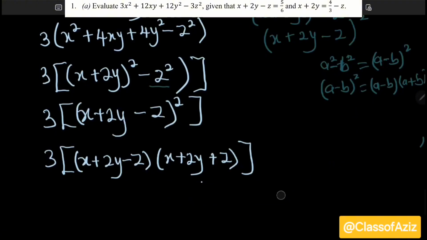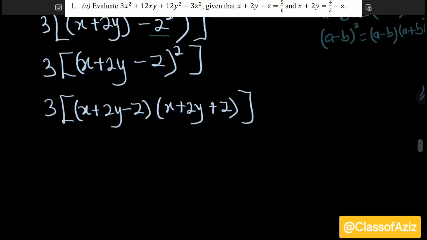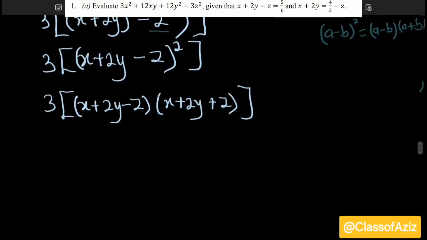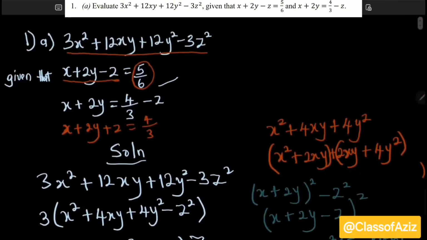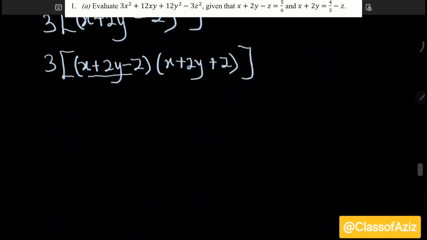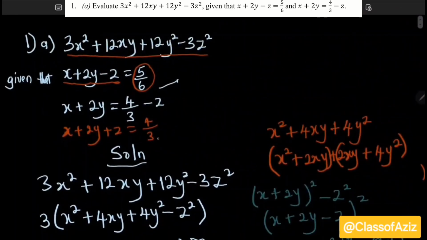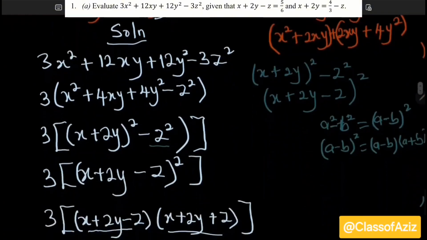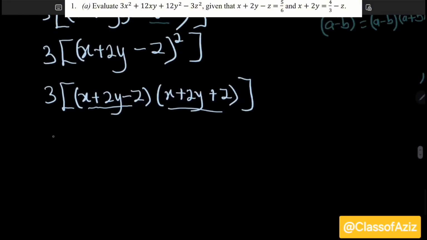Now that we have that, what we will do is that we are going to replace this, right, with this, right? And then we are going to replace this also with this. Okay, so let's write our 3 here.